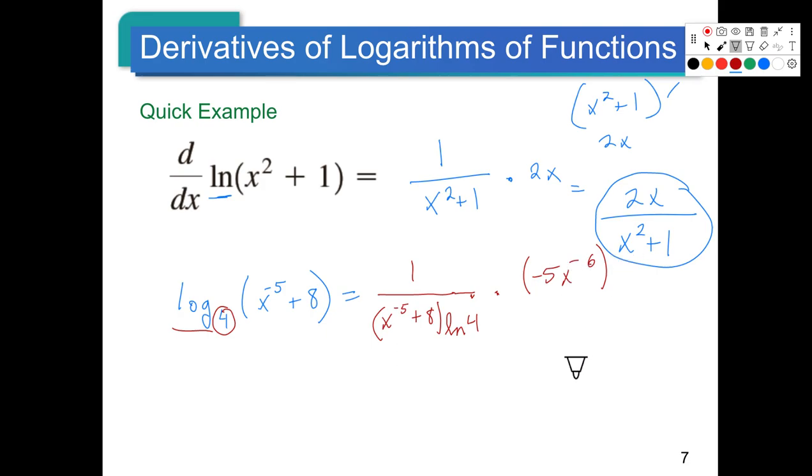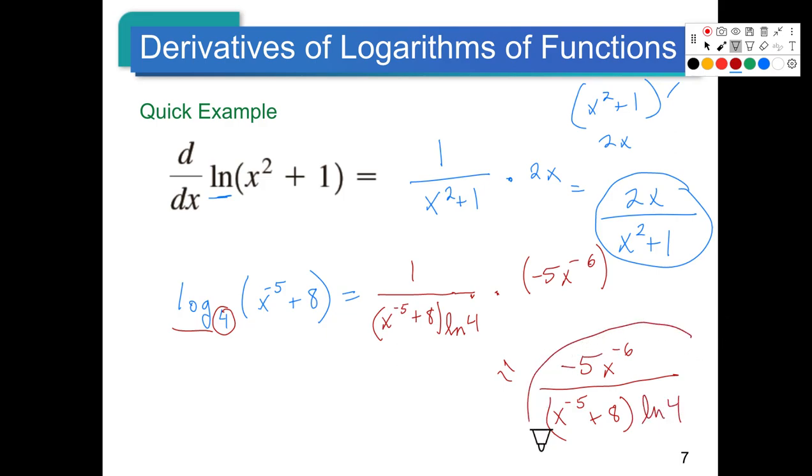I'm going to leave it in the top because I think it looks prettier that way, and I can see where everything came from. I can see that negative 5x to the negative 6, hey, that's the derivative of x to the negative 5. Plus this 8 here, 8 was not in, and then natural log of 4. I would just leave it like that.